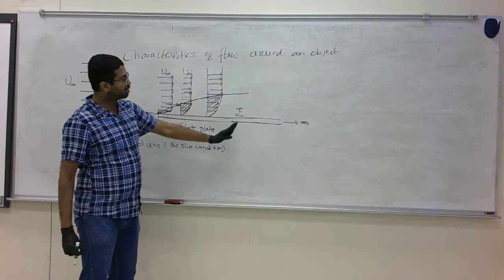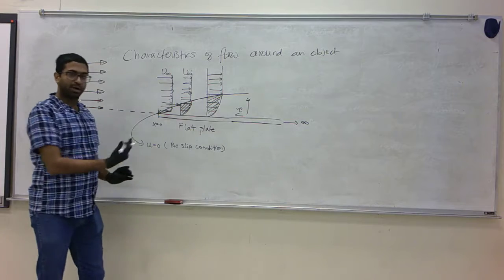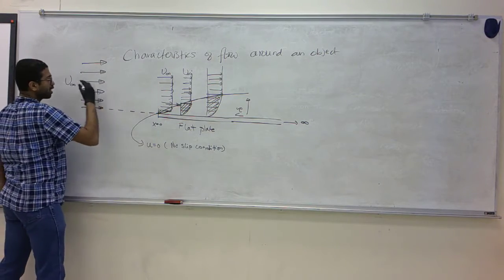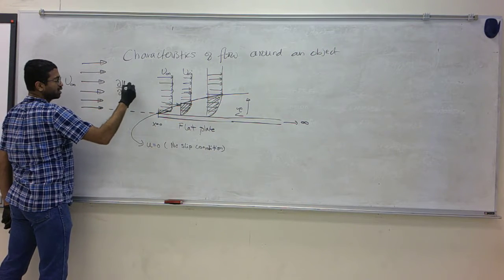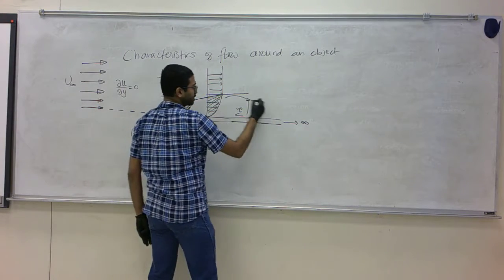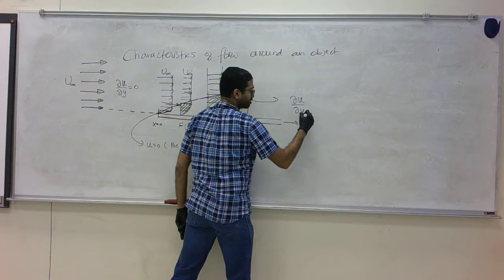But the idea is this shear stress propagates inwards into the flow in the perpendicular direction, and where out here the velocity is uniform, if you consider du over dy, there is 0 out here, whereas in this portion where you have viscous effects, there is a velocity gradient that is building up.